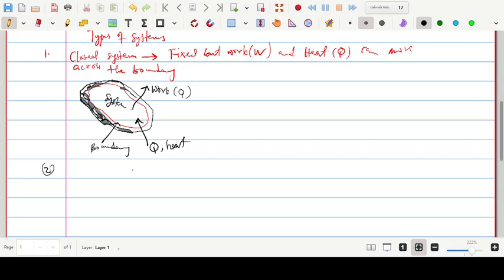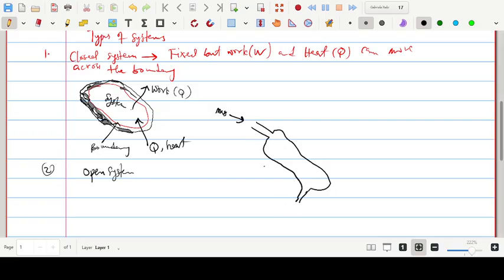So another type is what we call an open system. What is an open system? An open system is a system that allows mass transfer. So here mass enters.